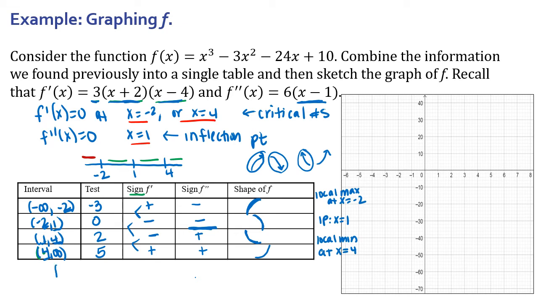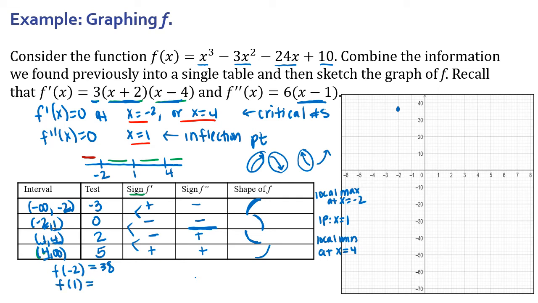All right, so let's find those y values. If I take my function and substitute -2 into the original function, so you do -2 cubed minus 3 times -2 squared minus 24 times -2 plus 10, you're going to get 38. So my maximum value is going to happen at (-2, 38). And then we've got our inflection point at x equals 1.